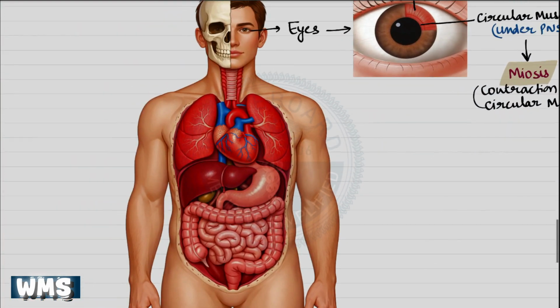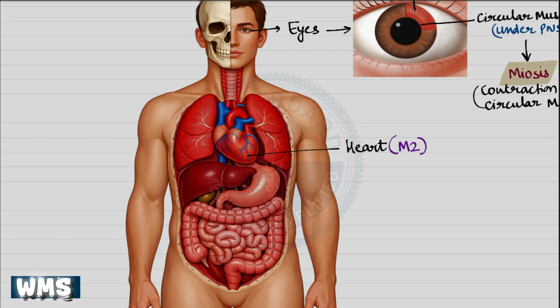In the heart, as we have already discussed, the parasympathetic system slows the heart. So whatever receptor mediates parasympathetic activity in the heart must produce that same effect when stimulated. The predominant muscarinic receptor subtype in the heart is M2.